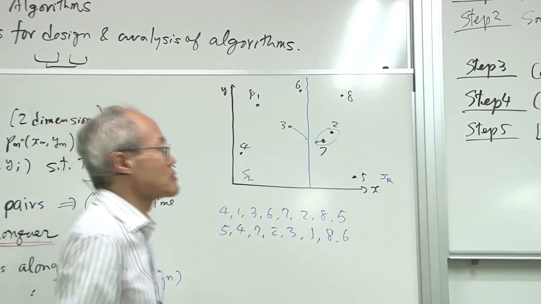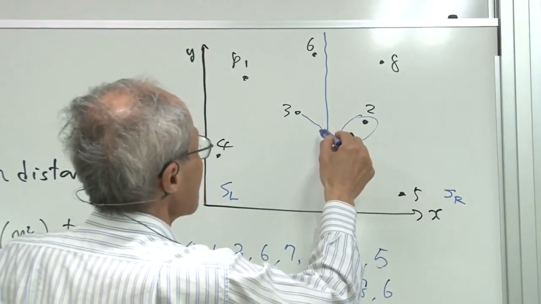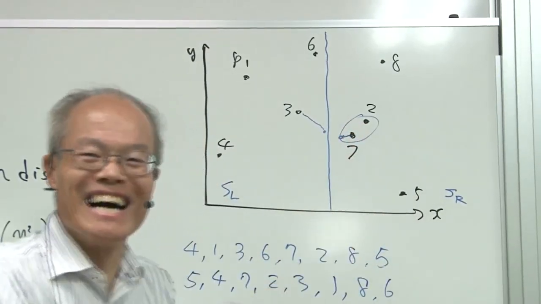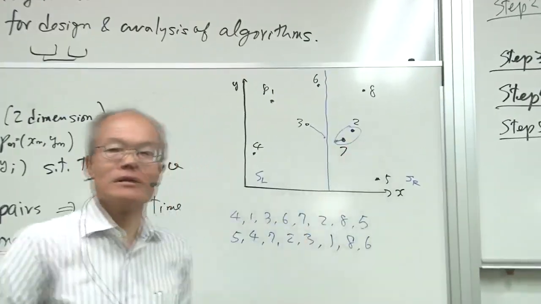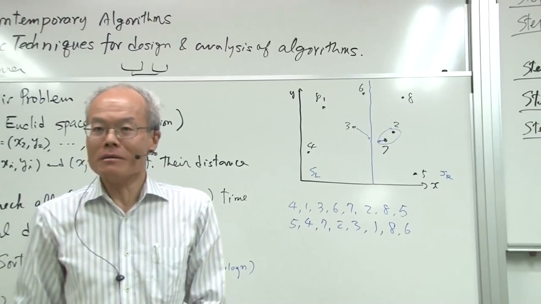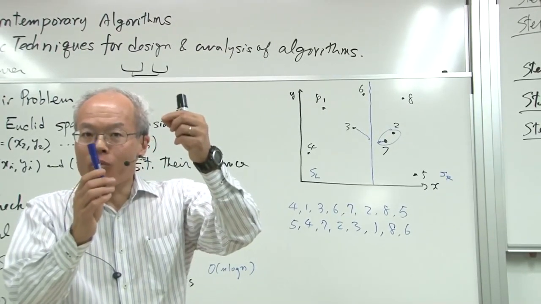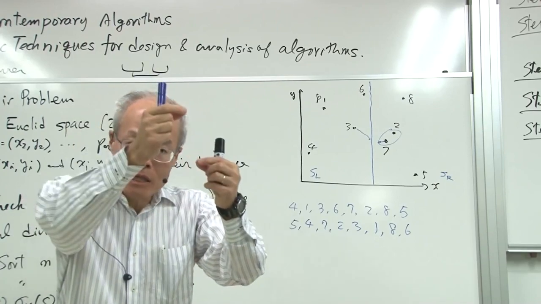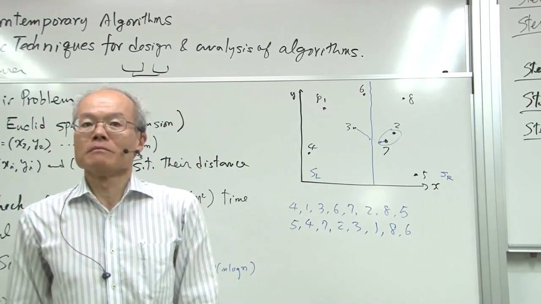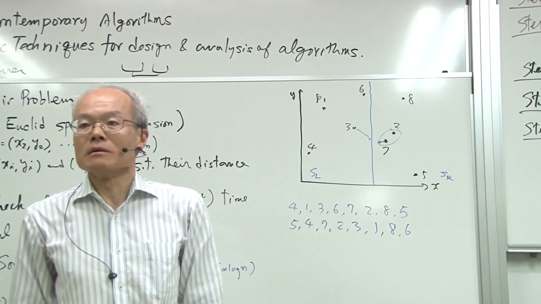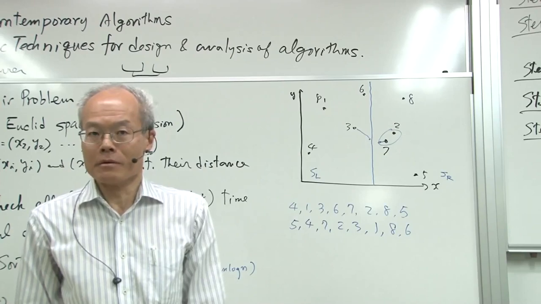But the two answers from the recursive steps are these, and anyway this is no longer the correct answer, right? So there may be a correct answer where one point is in S L and the other point is in S R. Now that answer did not come from step 3 or step 4, right?